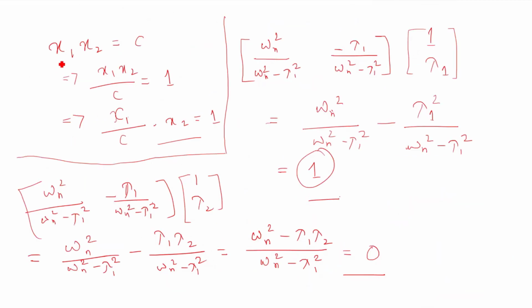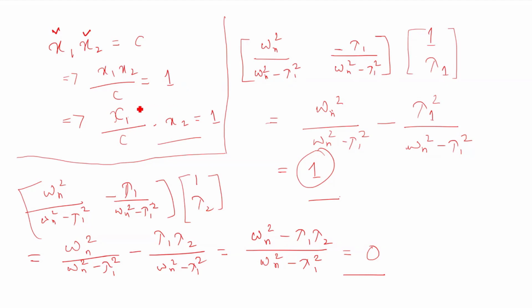So already we know how to normalize. If we have two variables x1 and x2 that give a constant value c, how do we normalize it? If we divide both sides by c, then x1 x2 by c is equal to 1.